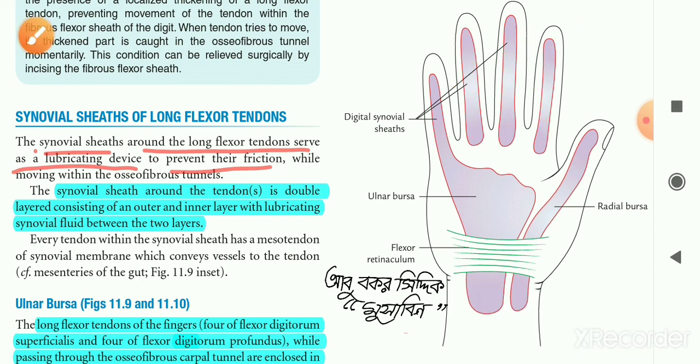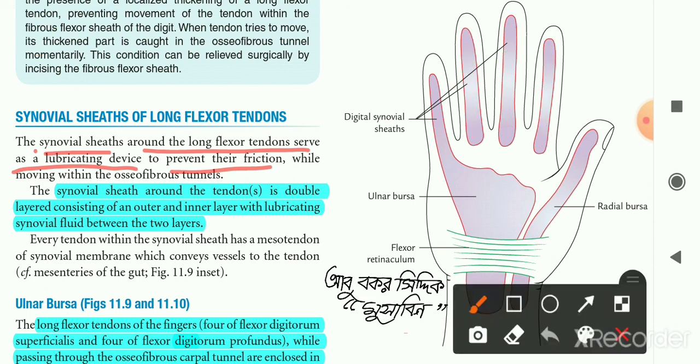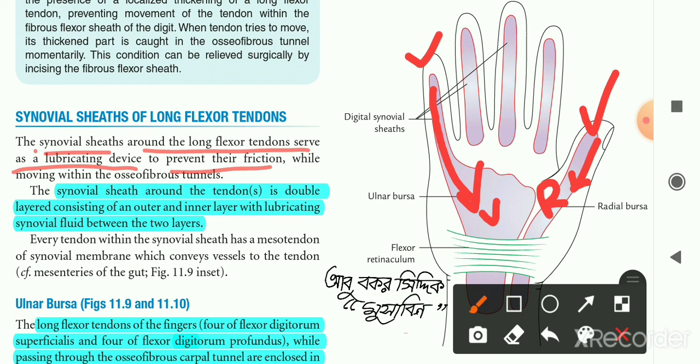But look at that, if we prick the little finger or the thumb to take blood, then the infection will spread from the little finger into the ulnar bursa and from the thumb into the radial bursa. They will traverse along the tendons of flexor digitorum superficialis and flexor digitorum profundus, and the flexor pollicis longus, and ultimately go into the forearm.